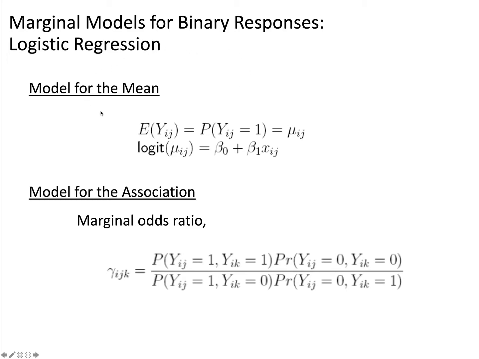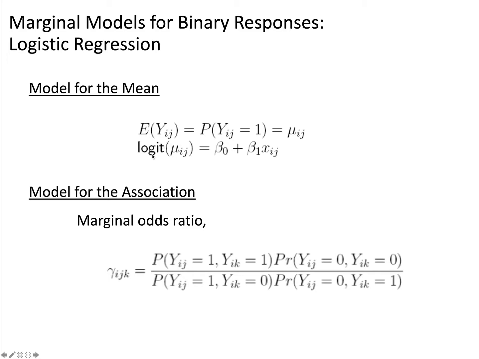So for something like the logistic regression, here we're talking about the idea of the link function. The expected value of y is the probability that y is equal to 1, right? So that's what we're estimating when we estimate something like a logistic regression, and that has this probability function of mu ij here.